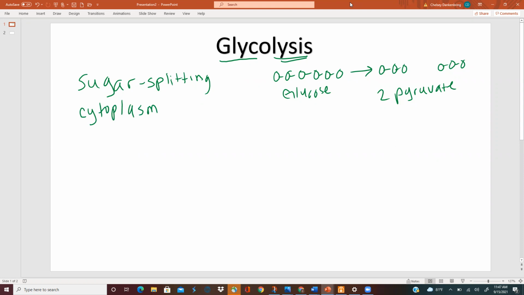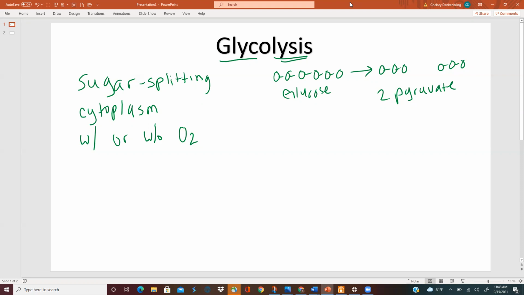The other fun fact is that this process occurs with or without oxygen, which is kind of surprising, because this is aerobic respiration, which requires oxygen. However, this first step breaks the rules, and it can happen if oxygen is present or absent. But every step after this will require oxygen.